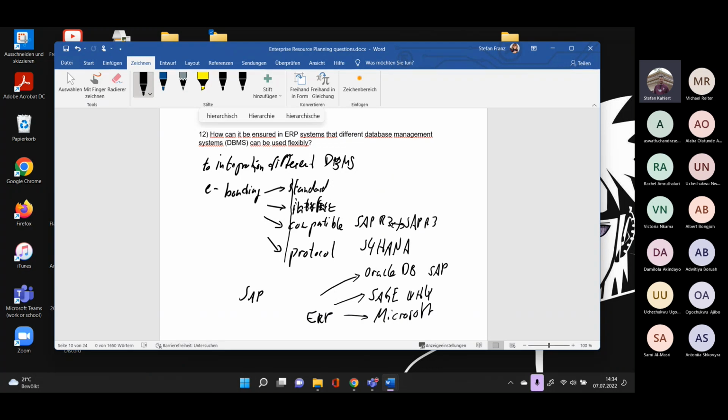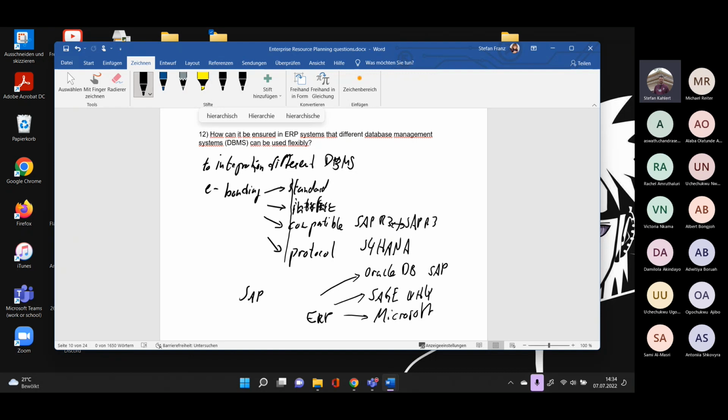I can give an example. Lots of physicians who have a practice, or general practitioners, have a certain software. They have done an examination and want to transfer it to a clinic.